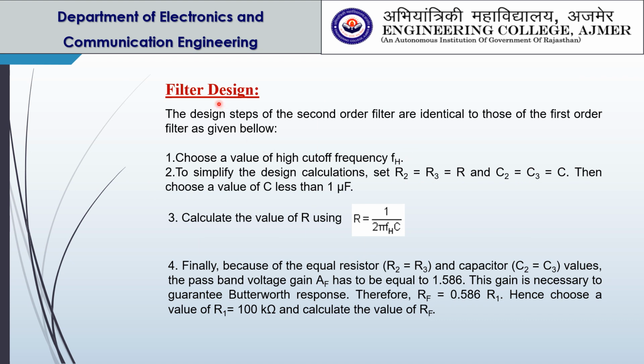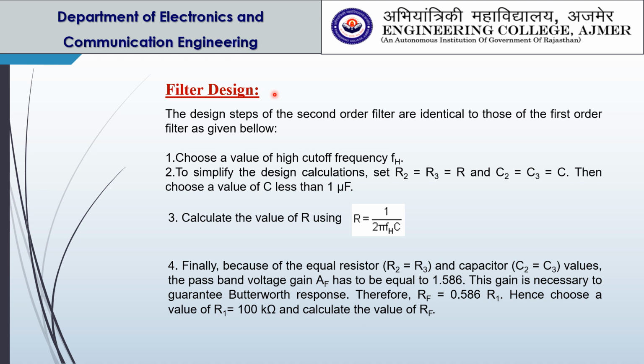Next is the filter design of the second order low pass Butterworth filter. The design steps of the second order filter are identical to those of the first order filter, which are as follows. First, we have to choose a high cutoff frequency FH, or up to what frequency we want to pass the signal.